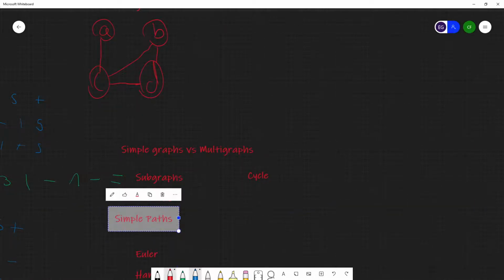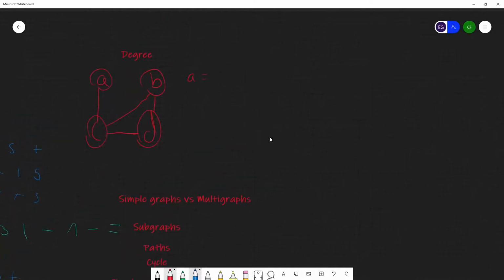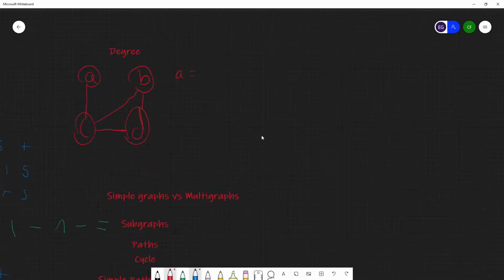Now let's have a look at the degree of some of these nodes. Let's have a look at A. The way we can show degree is by denoting it with the deg function. So deg of A is equal to 1, as it has one edge coming off it.